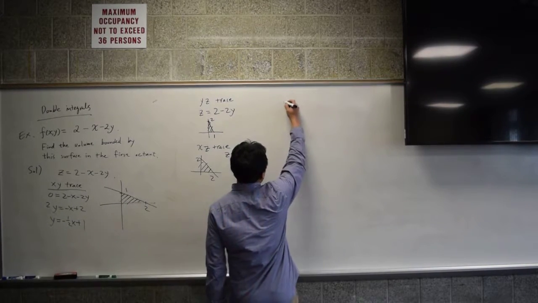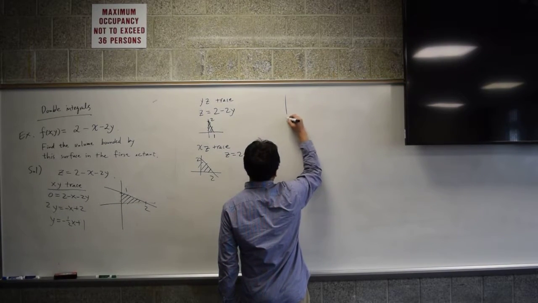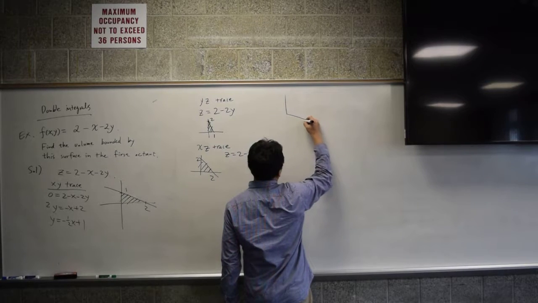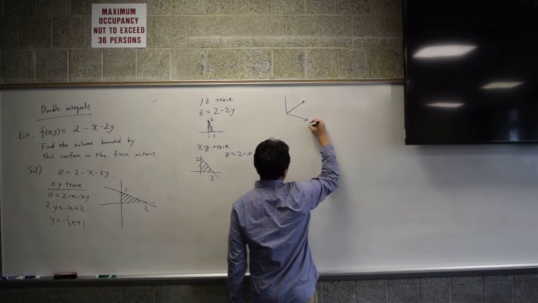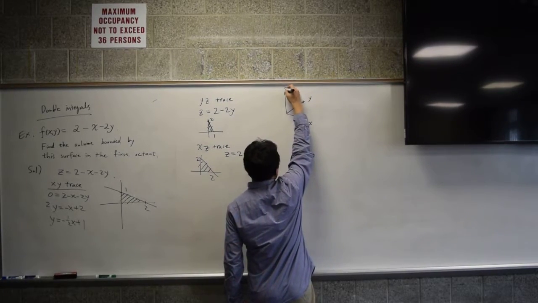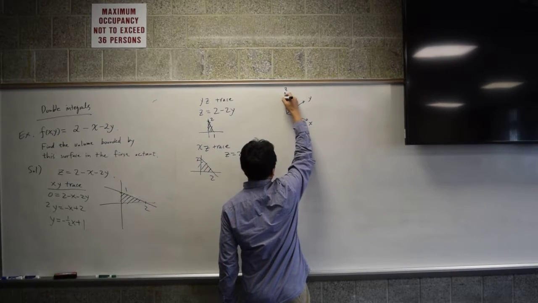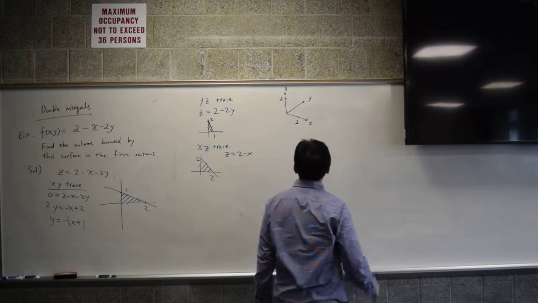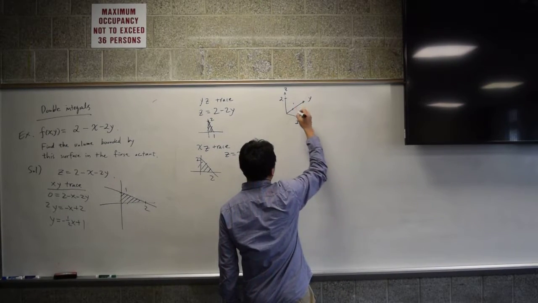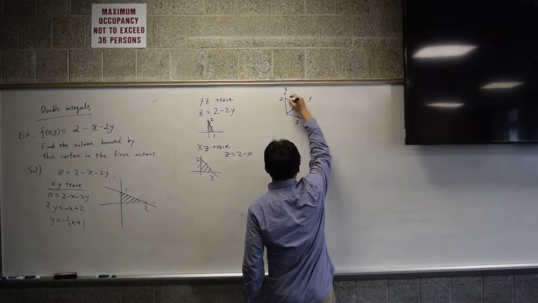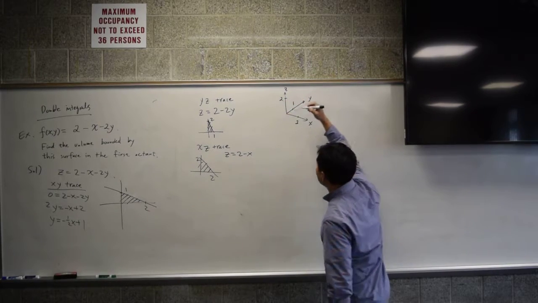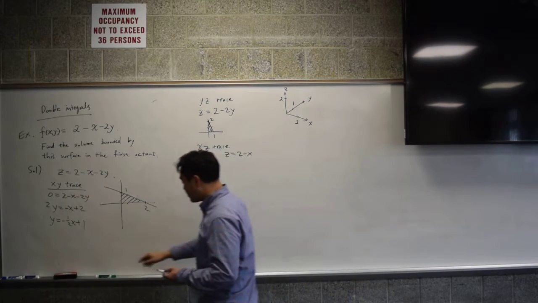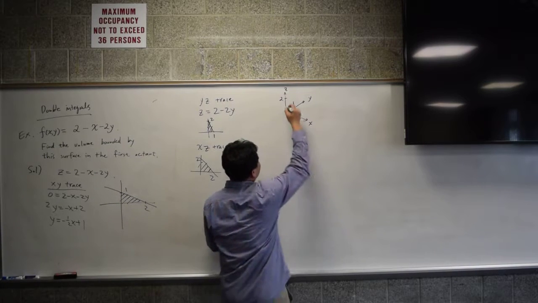So here's what it is. Let's say this is x, that's y, that's z. I know that for z and x, the intercepts are 2, whereas on the y it's 1. And it's made up of these edges that are connecting these points, right?